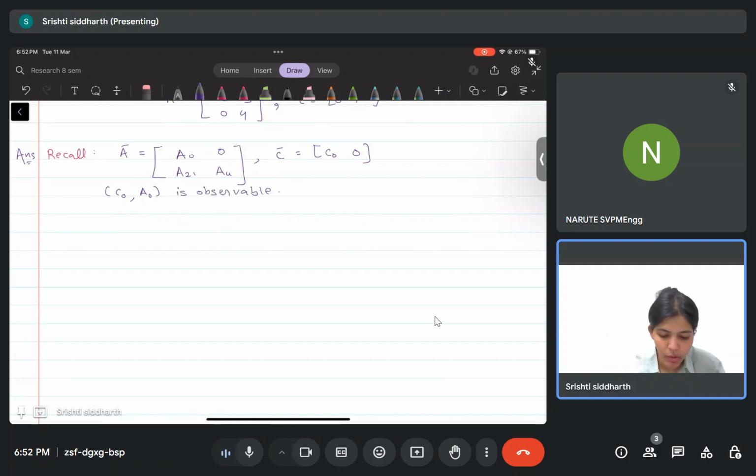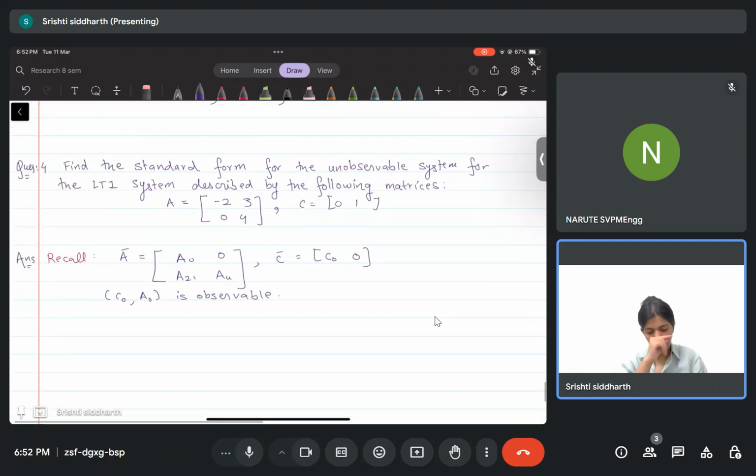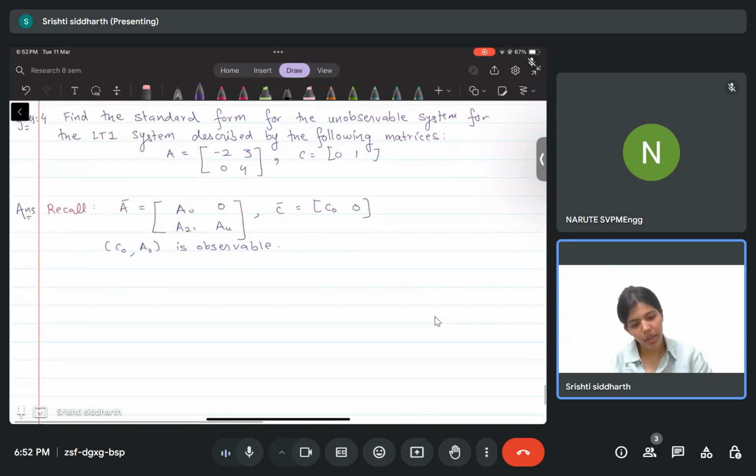So if we have to transform into the standard form, we need a transformation matrix T. T is found by using the observability matrix. So let's first find that out.